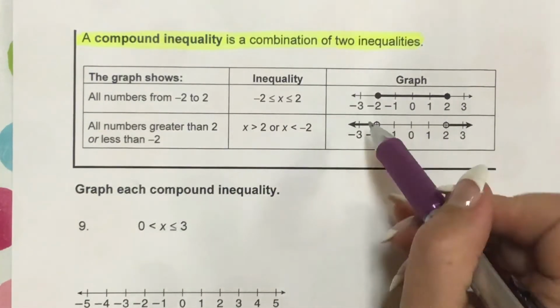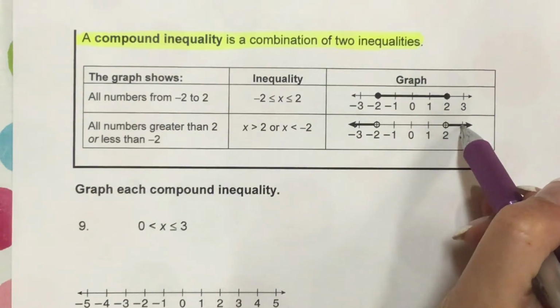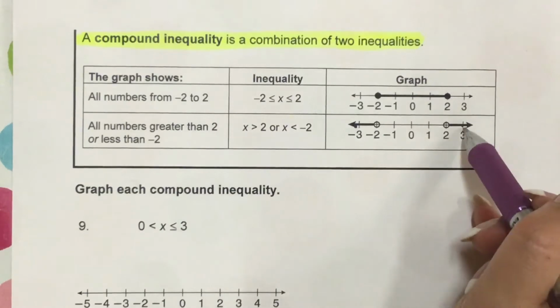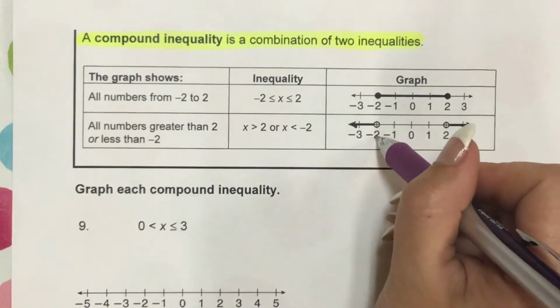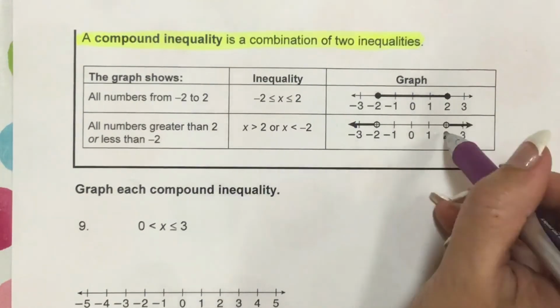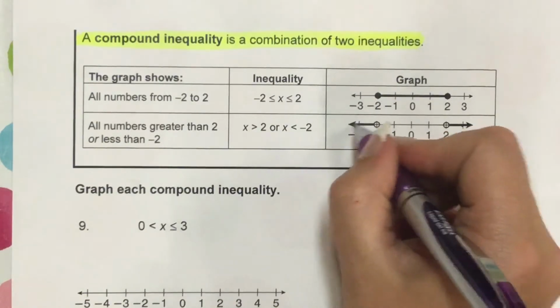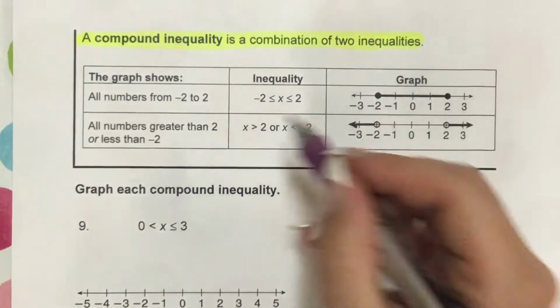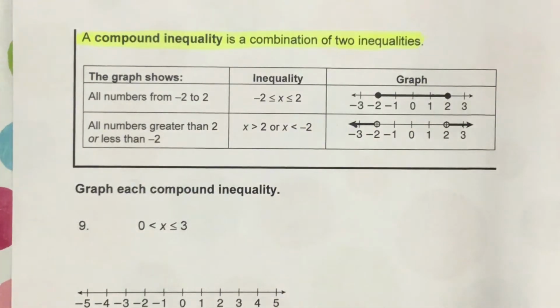Basically, this means the solutions can be over here, or they can be over here. Okay, so it could be -3, or +3, or -4, or +4. But it couldn't be -2 or 2 because it's an open circle. That means that the answers are not included in 2, or any of these in here. So the solutions have to be over here or over here. So this shows how 2 inequalities are coming together to form a compound inequality.